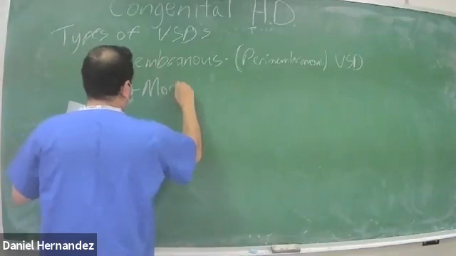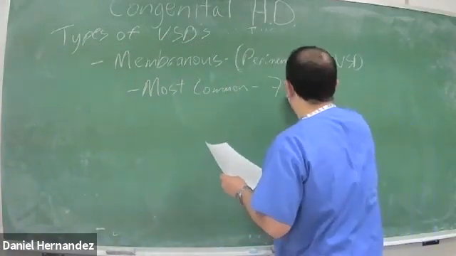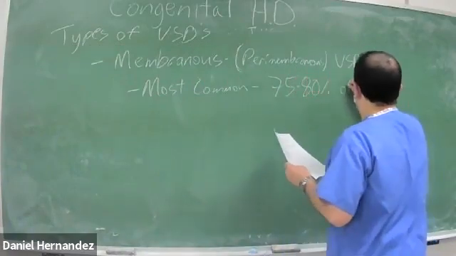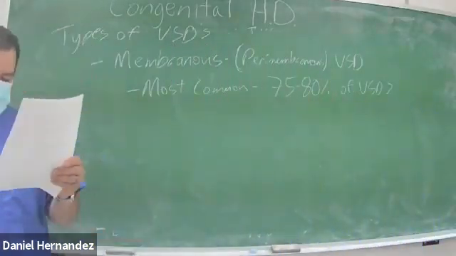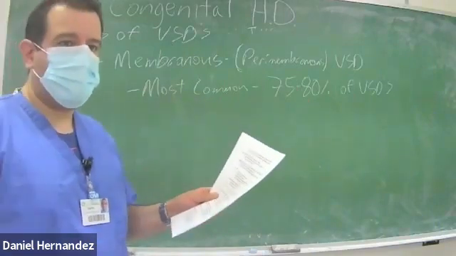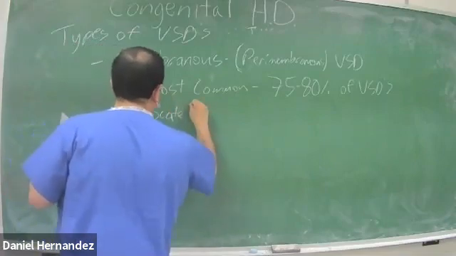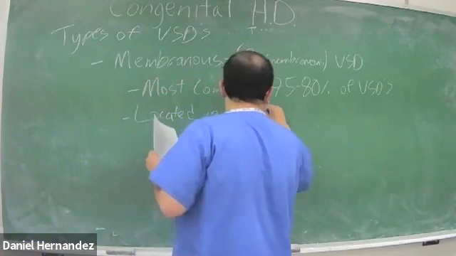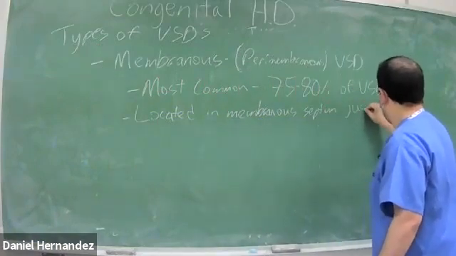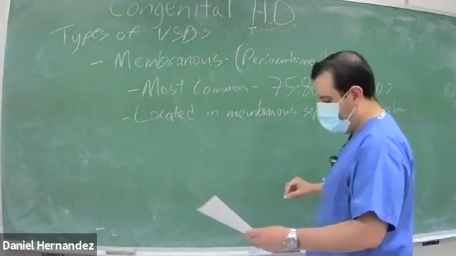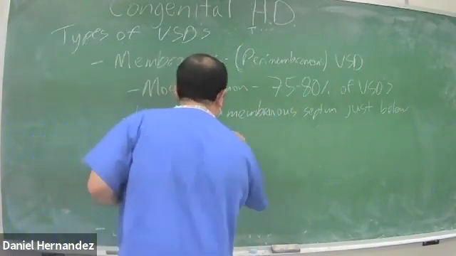This is going to be your most common. It makes up about 75 to 80% of VSDs. It's located in the membranous septum, just below the LVOT and the aortic valve.